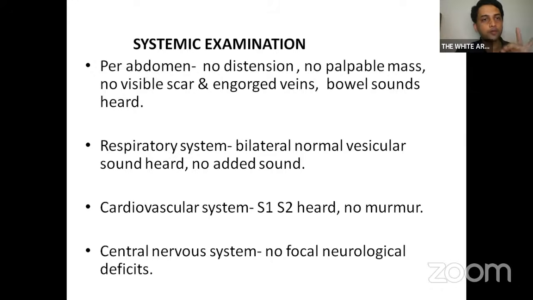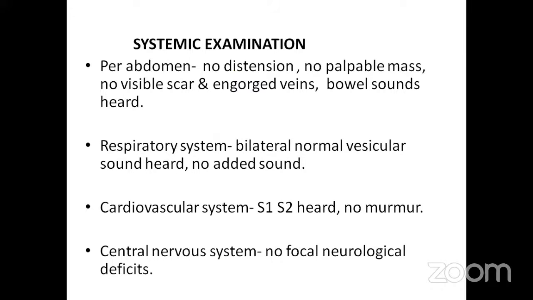And the fourth most important which you have not done is the other limb. Have you examined the other limb? Right leg? Yes, sir. I have written that, sir, in the inspection part only. And palpation?